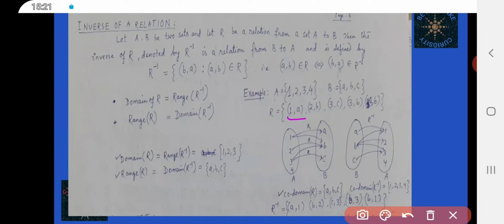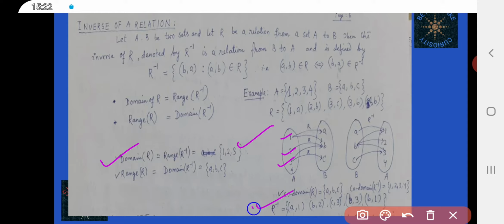So you write this. Here you see (1, A), here you write (A, 1). Here (2, B), here you write (B, 2). Here (3, C), here you write (C, 3). Here (3, B), so (B, 3). Here (1, B), here (B, 1). Now write the domain of R. Domain of R is 1, 2, 3.